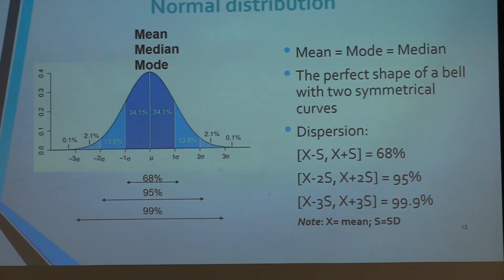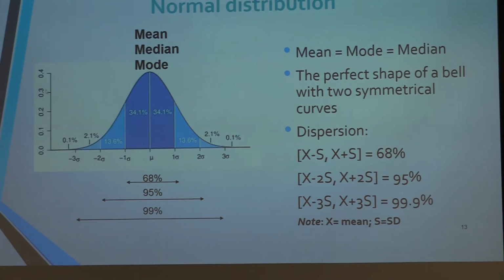That means that all the values here, many values here, right? So 68% of values will be situated within one standard deviation of the mean, you see? This is one standard deviation larger than the mean, right? This is one standard deviation less than the mean, is that right? So in this area, it includes 68% of all the values, okay?